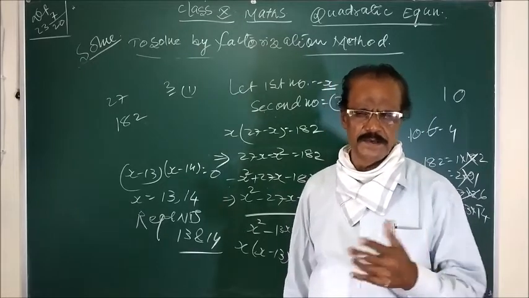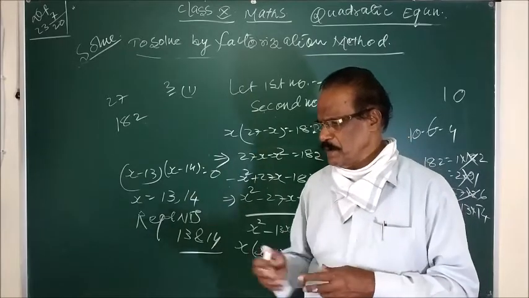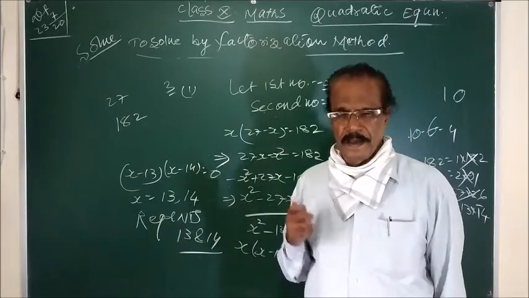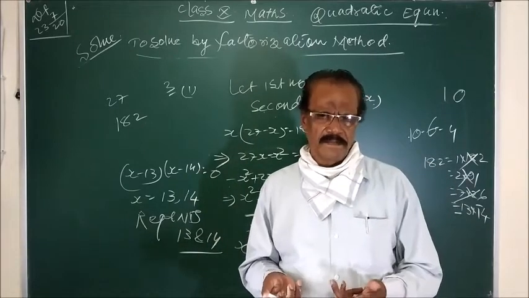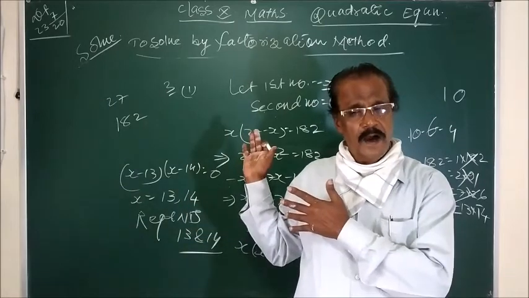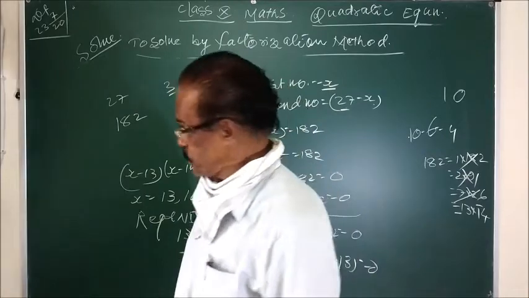But now, since you are studying factorization method, I advise you to solve all the word problems after forming the equation by this method. And in the exam, you can use any method to solve after forming the equation.